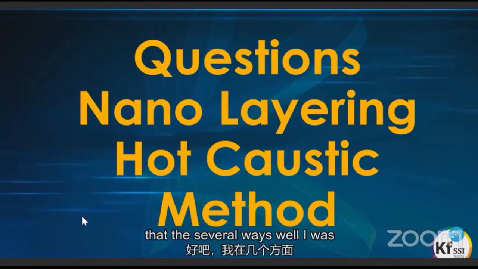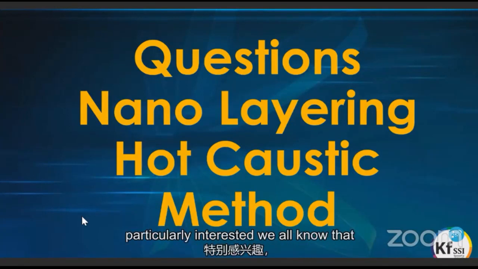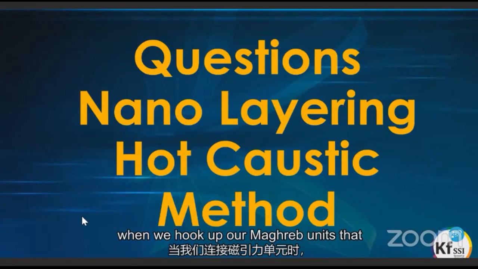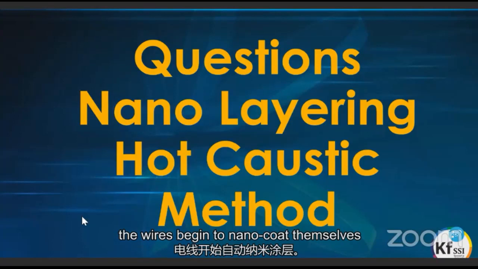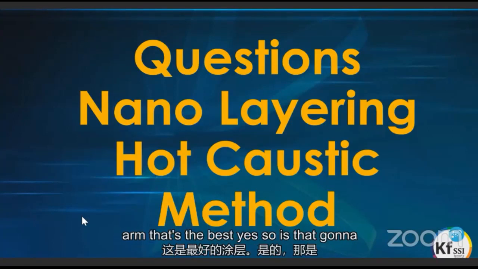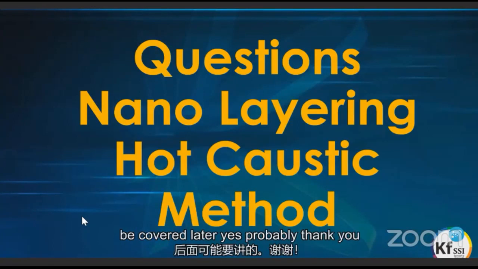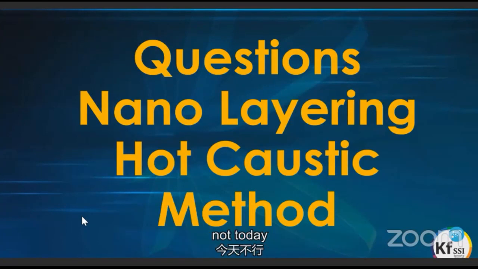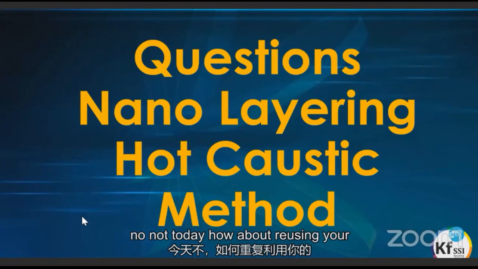So there are several ways. Well, I was particularly interested. We all know that when we hook up our MagRav units, the wires begin to nanocoat themselves. And yeah, that's nanocoating by plasma, and that's the best. Yes. So, is that going to be covered later? Yes, probably. Thank you. Not today. No, not today.